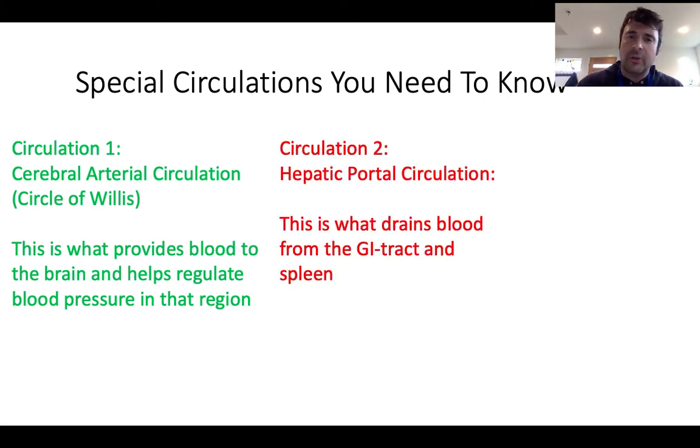The other circulation we're going to talk about is the hepatic portal circulation. It is essentially a connection between blood draining from the GI tract, notably places like the small intestines, and the liver. All that nutrient-rich, toxin-rich blood is first shunted to the liver, and the liver filters and processes that blood before it's allowed into your systemic circulation.